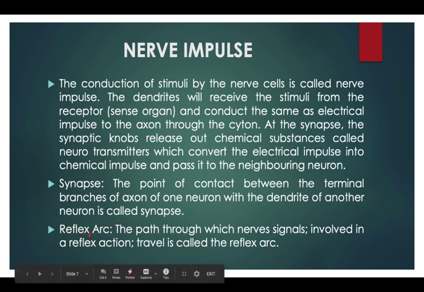And reflex arc: the path through which nerve signals involved in a reflex action travel is called the reflex arc. About the reflex arc, you will study in later classes of this chapter.